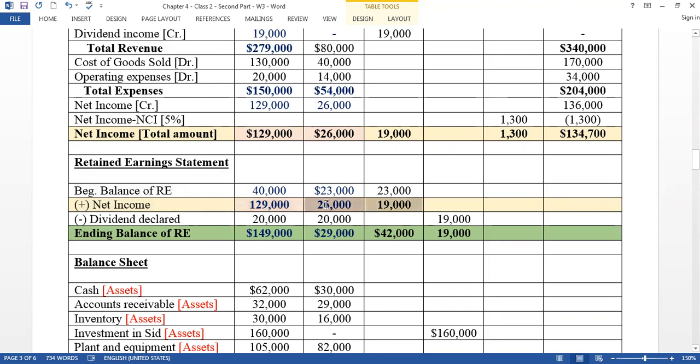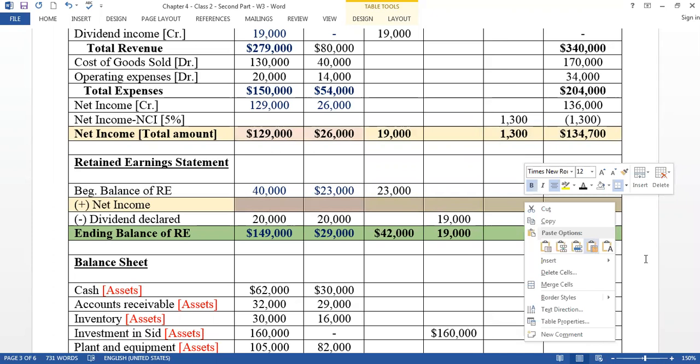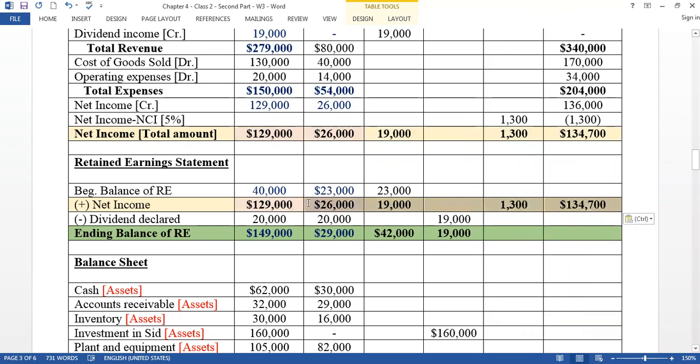If I delete this now, for example, this net income came from here. Clear? So you copy it, look here, I copy it and paste here. Don't be confused. This number came from this net income.